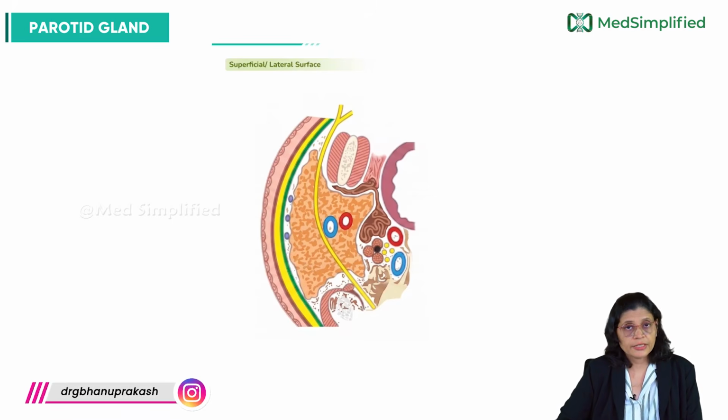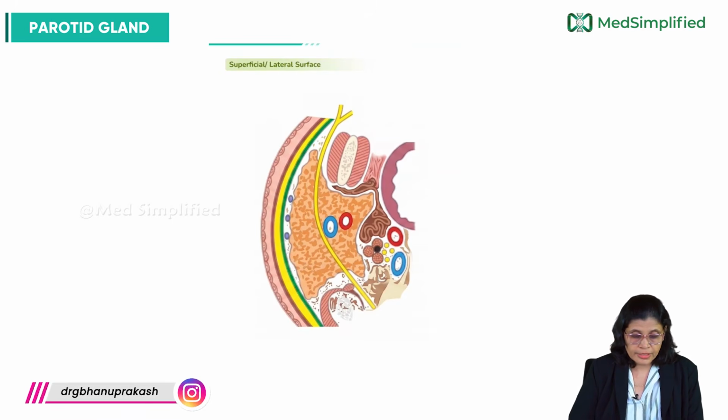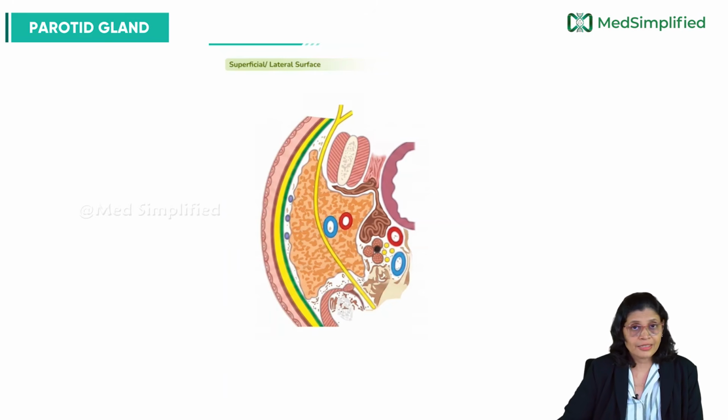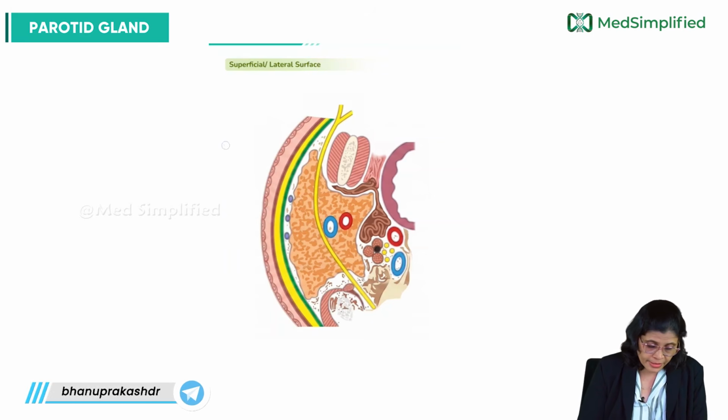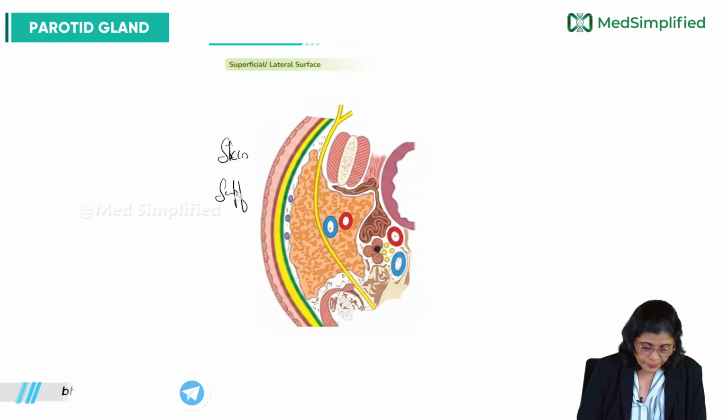Then coming to the surfaces. So first is the lateral surface or the superficial surface. That is the largest of the 4 surfaces, and it is related from outside to inside. We have the skin, and beneath the skin there will be superficial fascia.